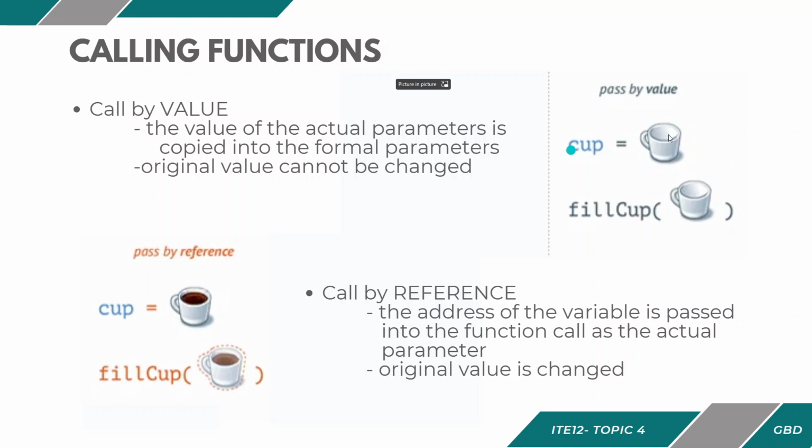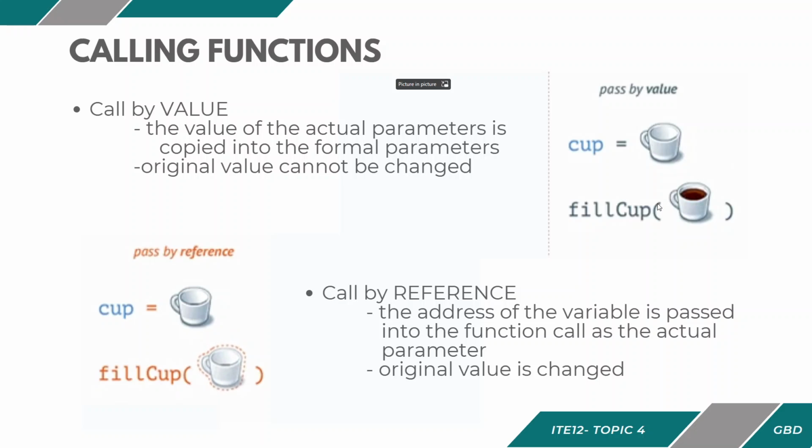So that's why we have here a graphic illustration that will help you better understand. Let's say we have a variable cup that has a value of zero from our main function, and then we have a function called fillCup.